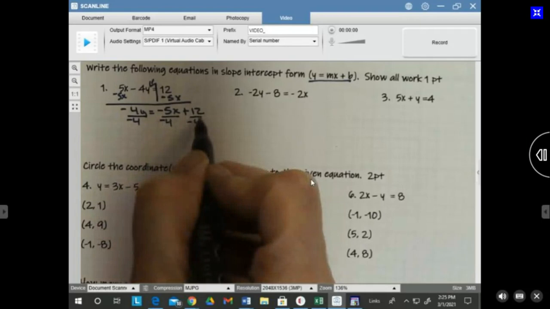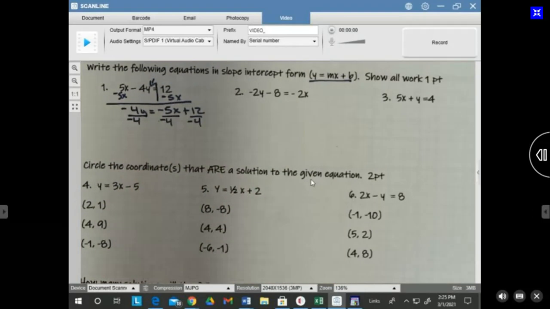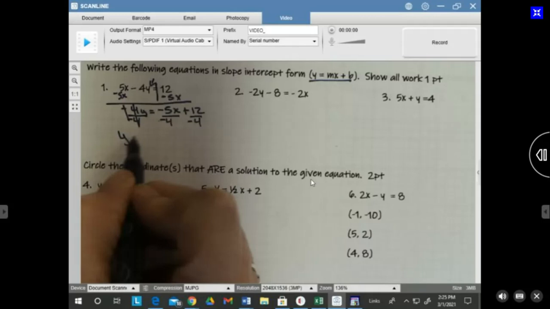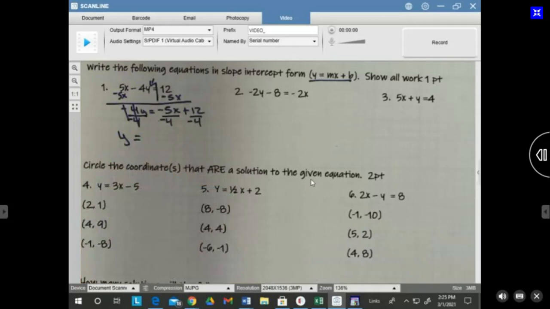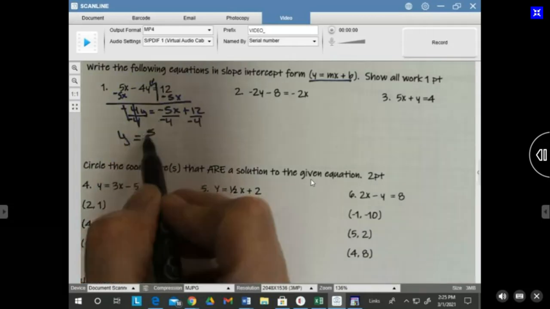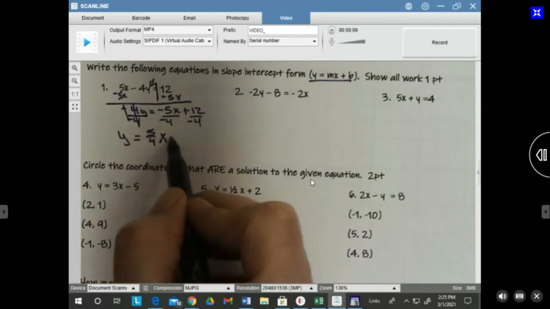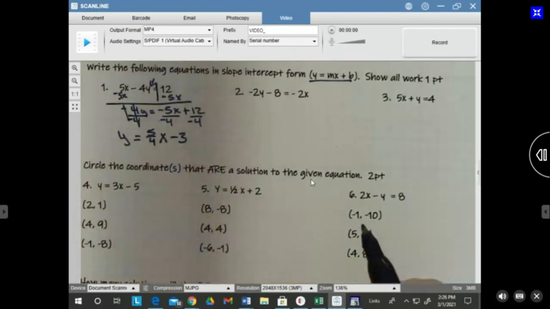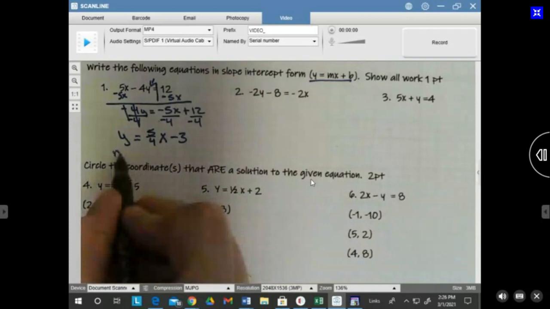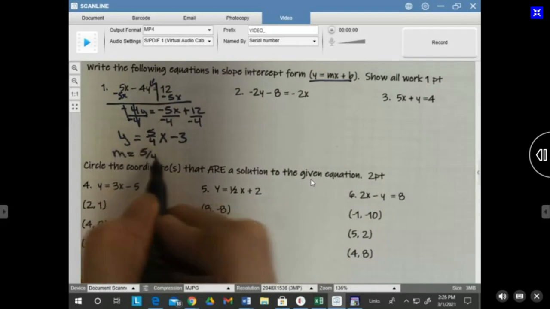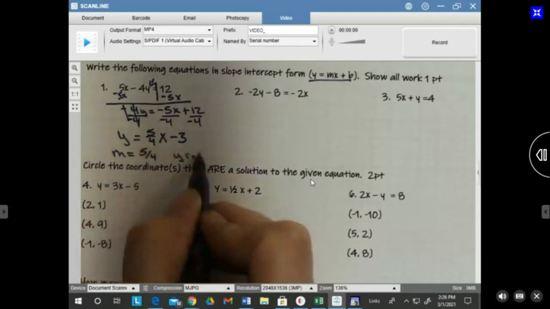You want the y by itself, so those cancel, and I've got y equals 5 over 4 x minus 3. What's my slope? 5 over 4. And what is my y-intercept? Negative 3.